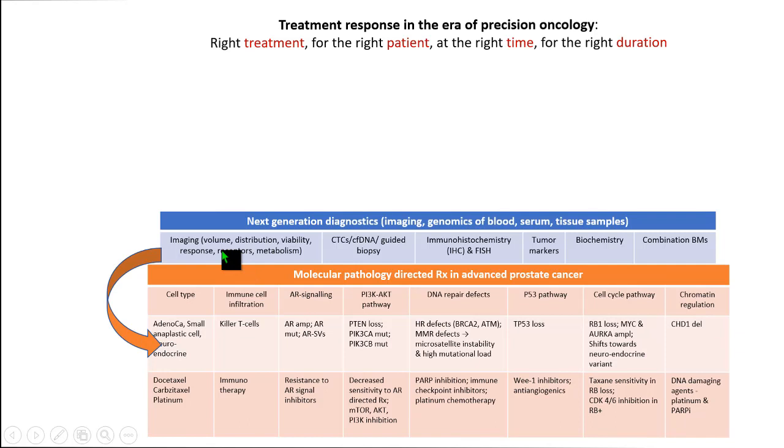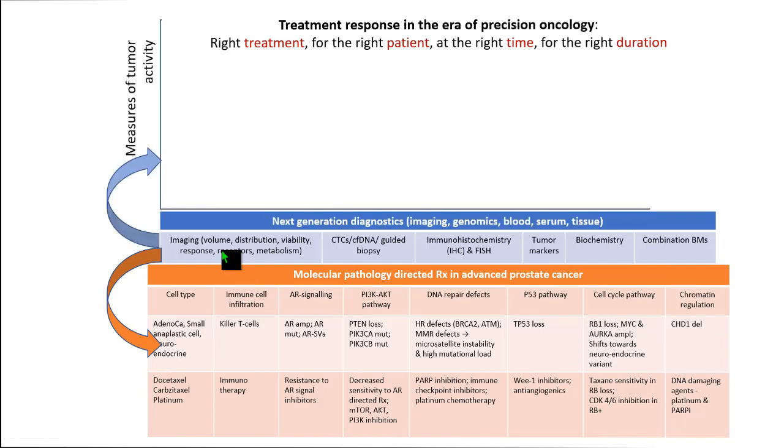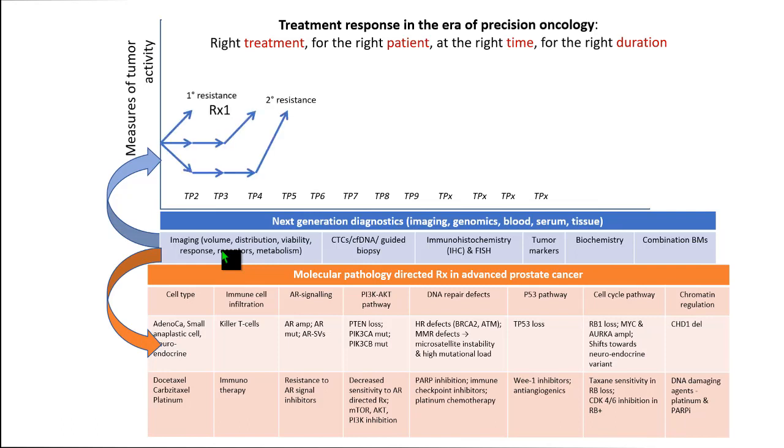And imaging allows you to pick those, but imaging is also used as a measure of activity of disease, so tumor size, for example, which you then repeat on a number of occasions, trying to find the spot at which you see disbenefit. In other words, saying this patient is getting better, this patient is stable, this patient's getting worse. And hopefully to detect progression at an earlier time point than you would do using conventional techniques.